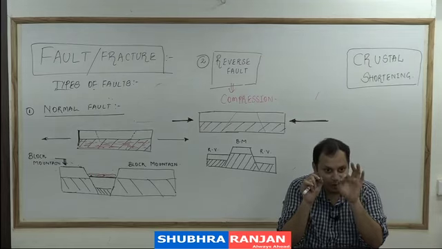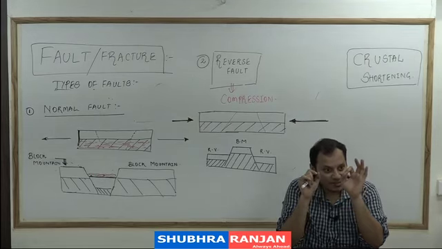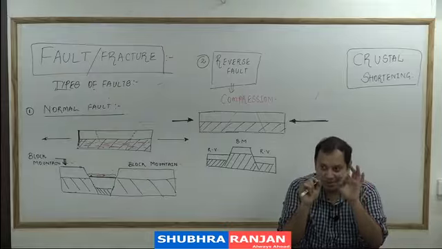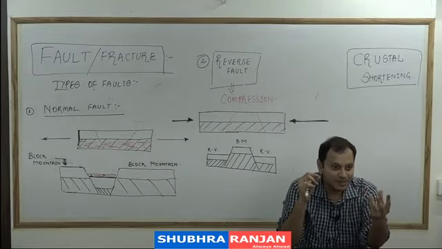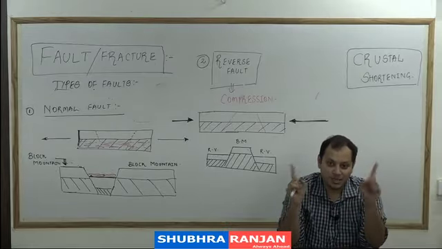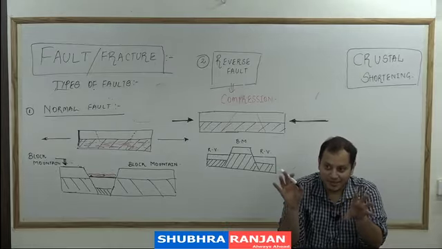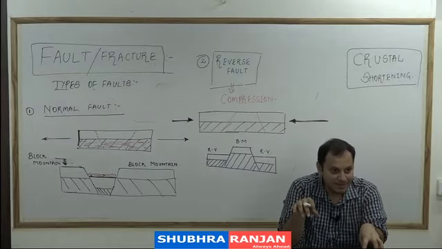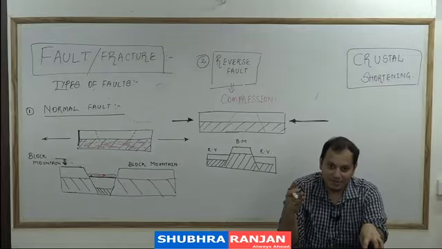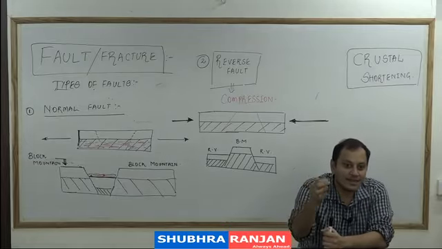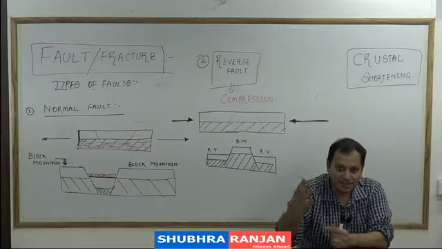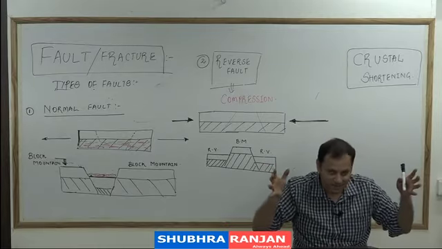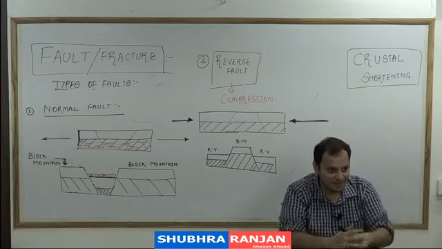Otherwise, San Andreas is such a powerful fault system that if USA does not conduct artificial earthquakes, a single earthquake will be so large that it will destroy entire California.